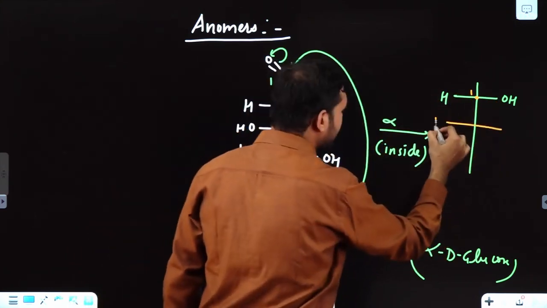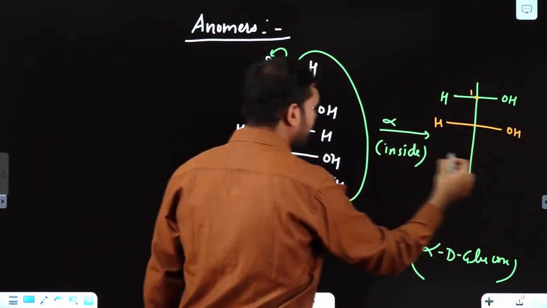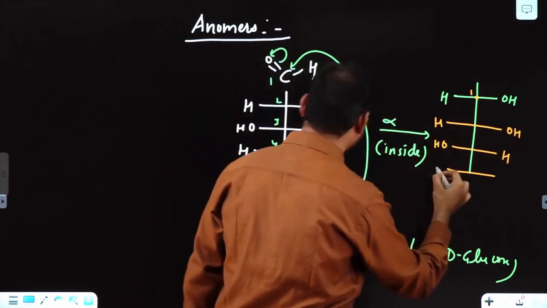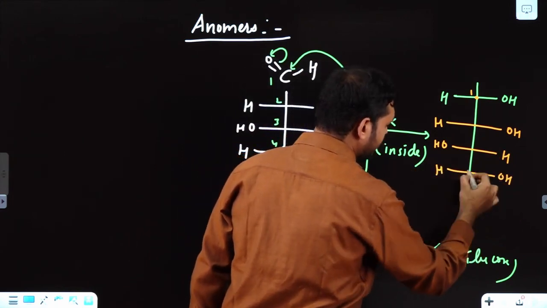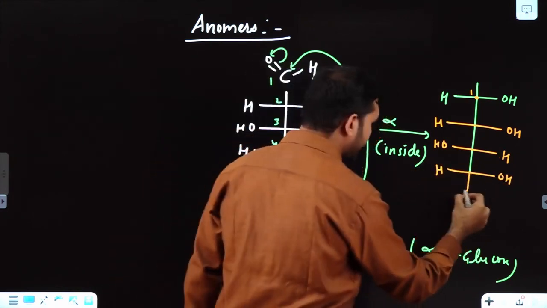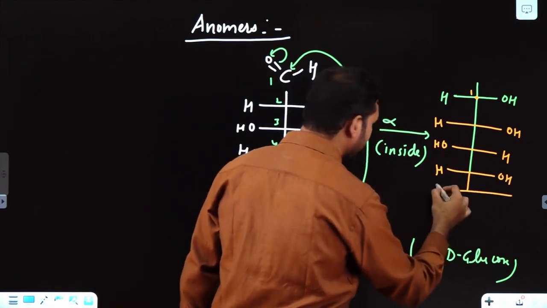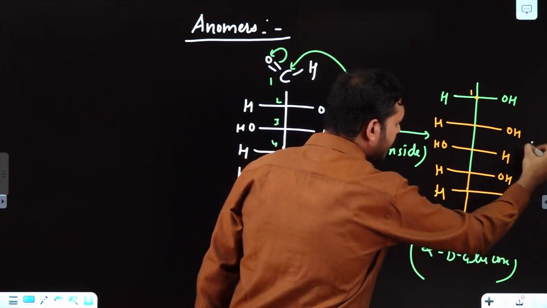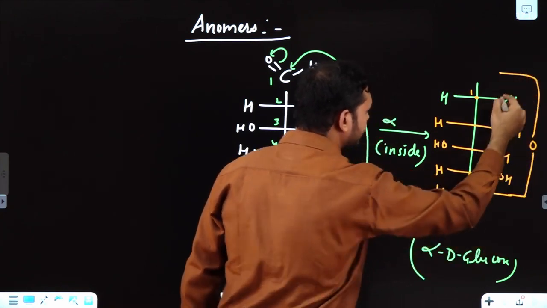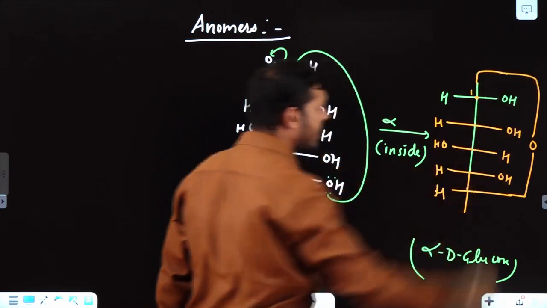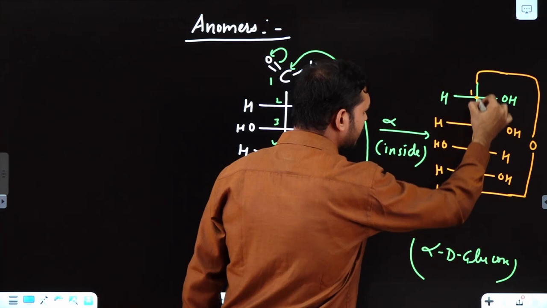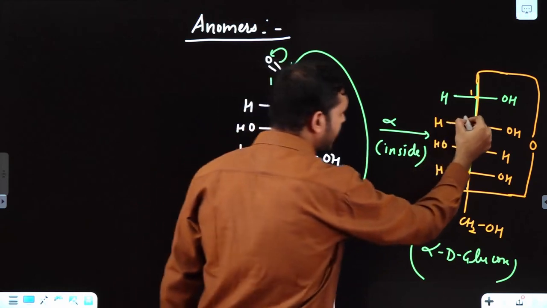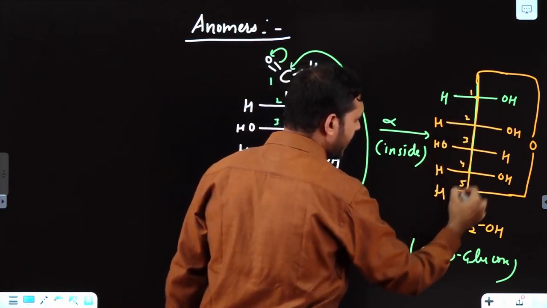Now 2 will be as it is because we are not making any changes here. Third will be as it is. Fourth will be as it is. Fifth: in fifth, this side is H and this will be represented like this. Let me make numbering 1, 2, 3, 4, 5, 6.